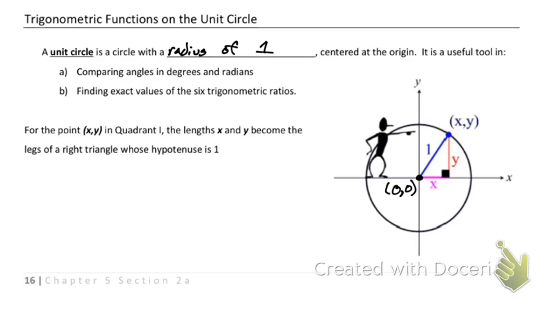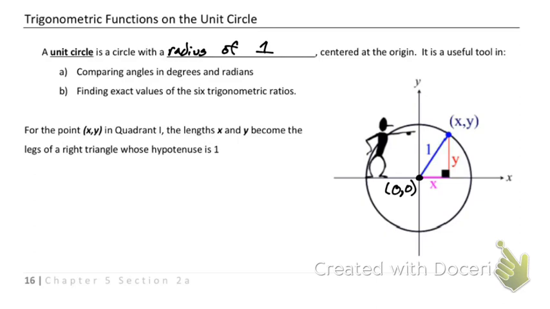All right, for the point x, y in quadrant 1, the lengths x and y become the legs of a right triangle whose hypotenuse is 1. What that's saying is, I come over here and I pick a point on the circle. That point has an x value and a y value. Your x value is how far left or how far right you go. Your y value is how high or how low you go.